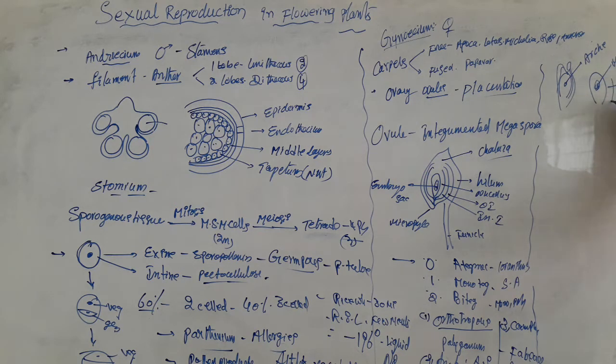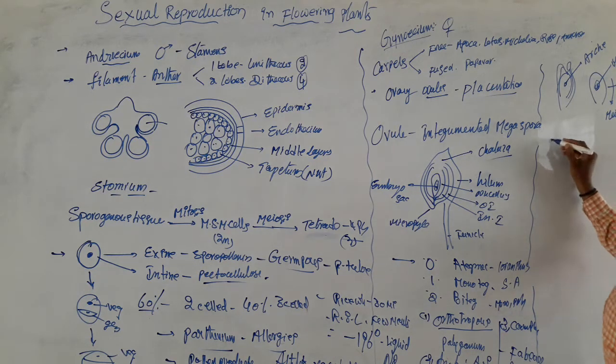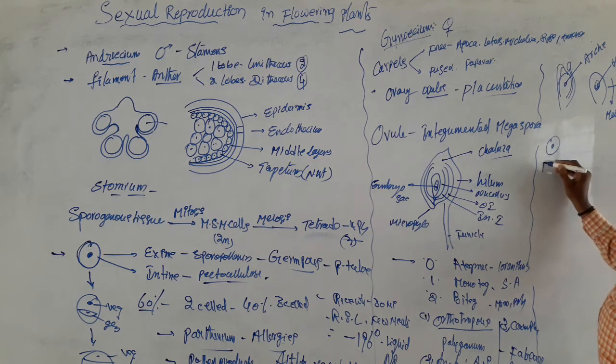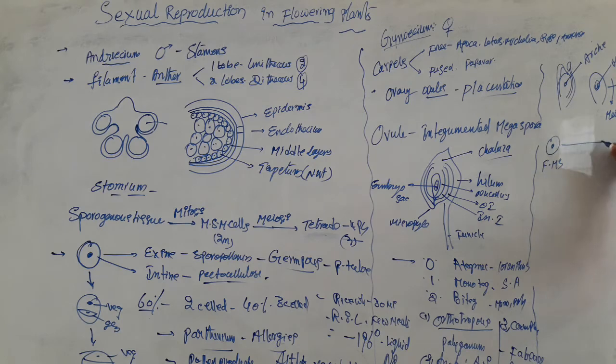This mother cell divides by meiosis, leading to the formation of four megaspores. Three megaspores undergo disintegration, and the fourth megaspore is considered the functional megaspore. This functional megaspore divides by mitosis. It undergoes three generations of seven mitotic divisions, leading to the formation of an 8-nucleate female gametophyte.